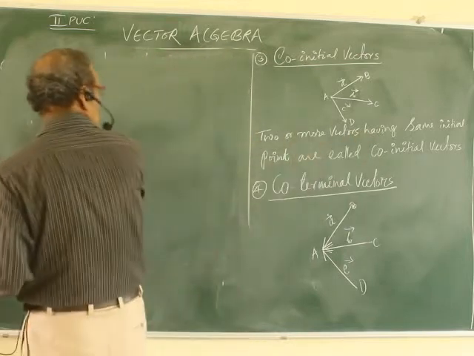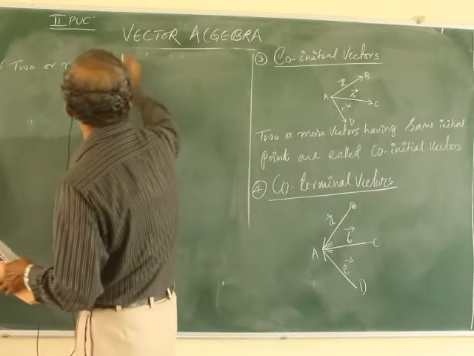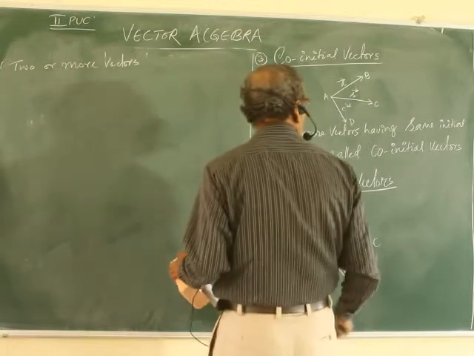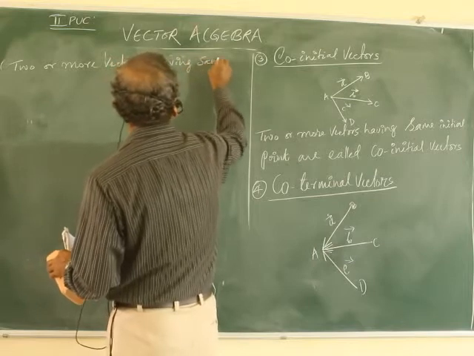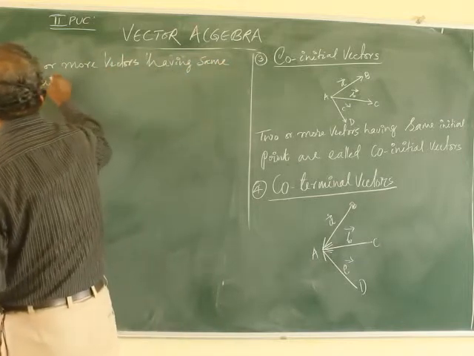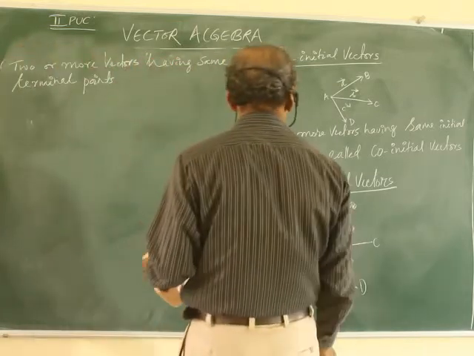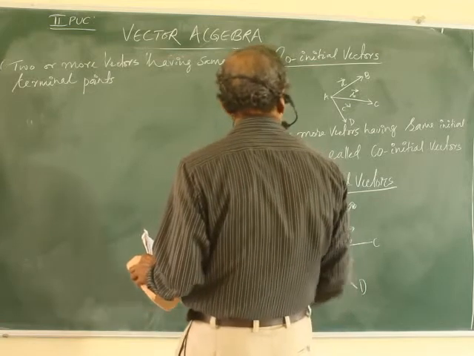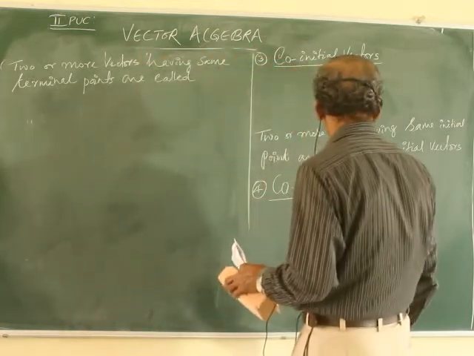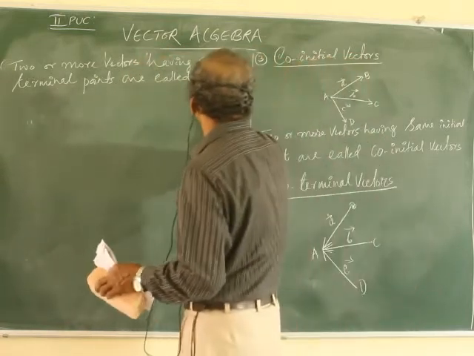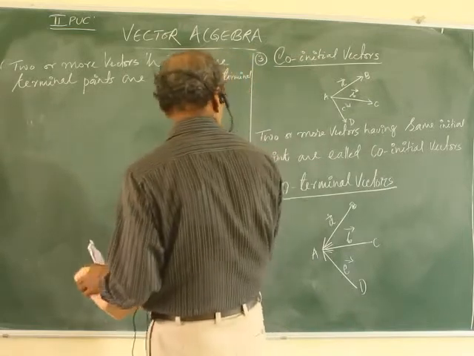Two or more vectors having same terminal point are called co-terminal vectors.